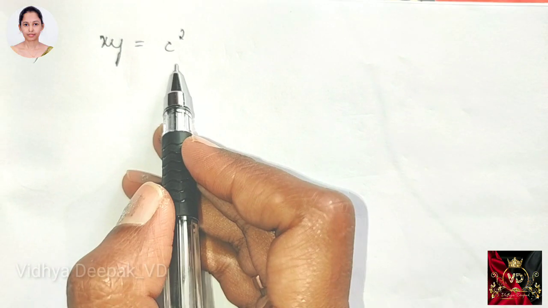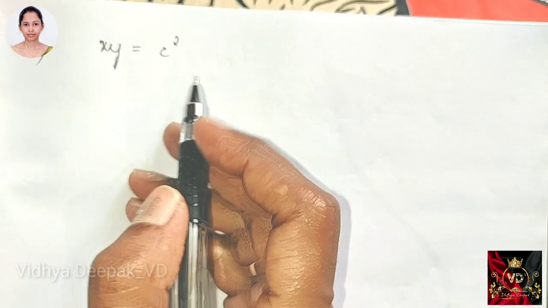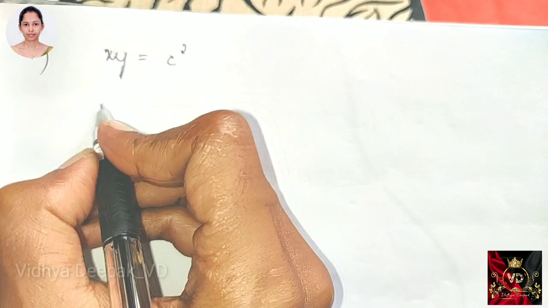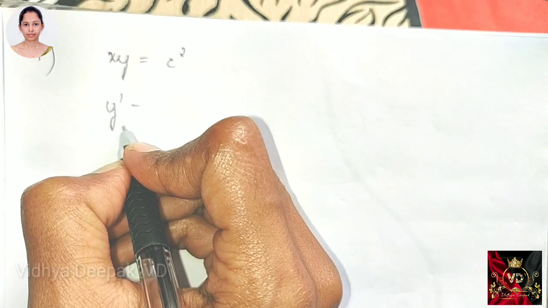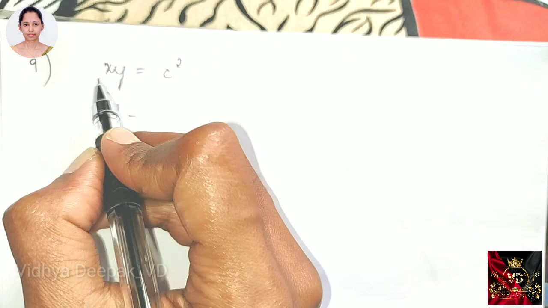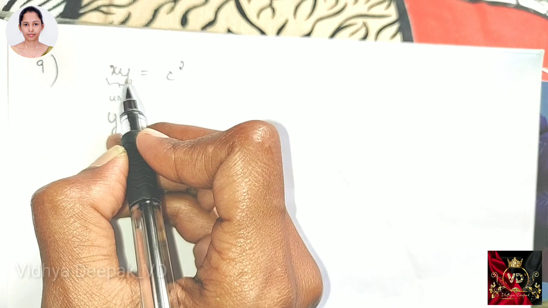xy is equal to c square. Here also you have to eliminate the arbitrary constants. So you have first derivative as y dash is equal to, can we write like that? No. This is u into v rule. So uv rule is first function into derivative of second function.